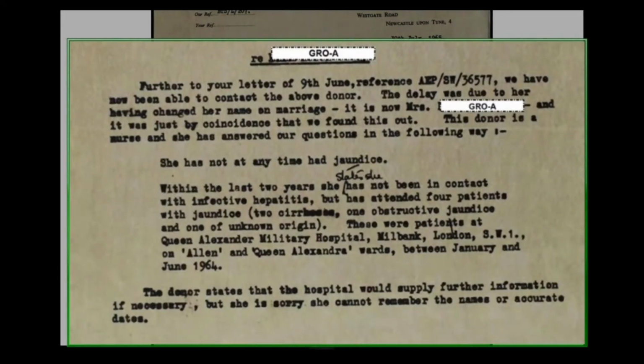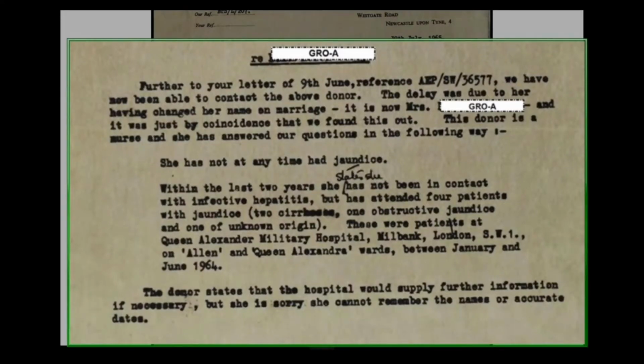The delay was due to her having changed her name on marriage. It's now Mrs. X. And it was just by coincidence that we found this out. This donor is a nurse and she's answered our questions in the following way. So there appears to have been a delay and a difficulty in tracing a donor because they had changed their name upon marriage, which one might consider to be something which happens relatively frequently.